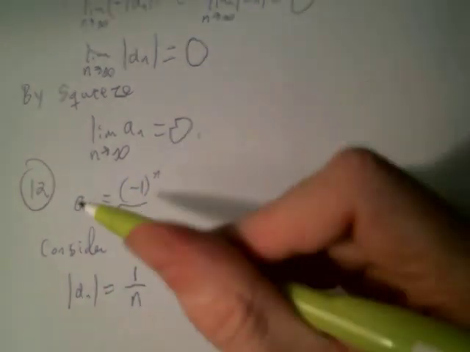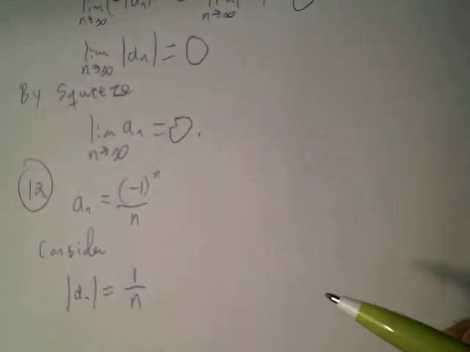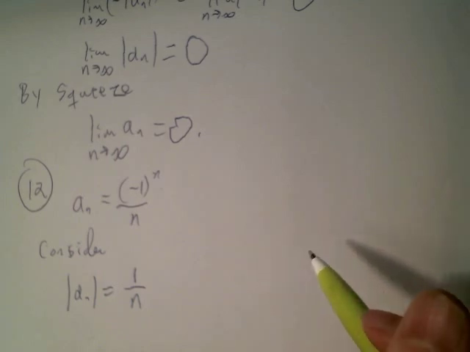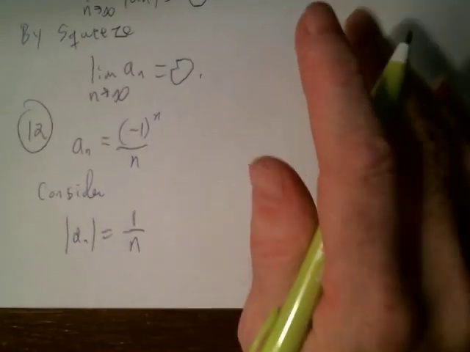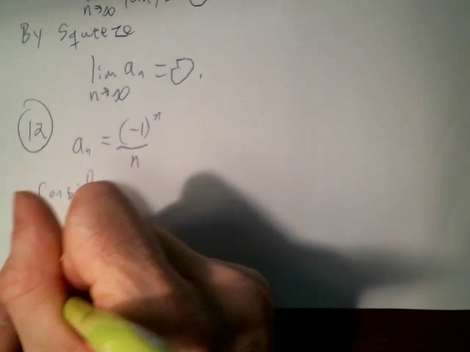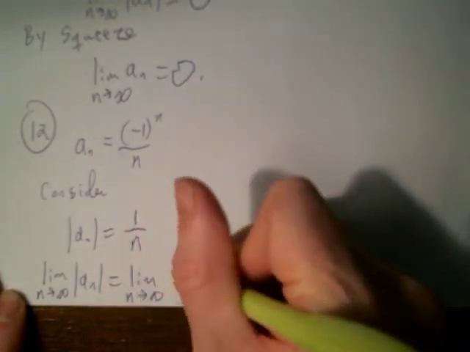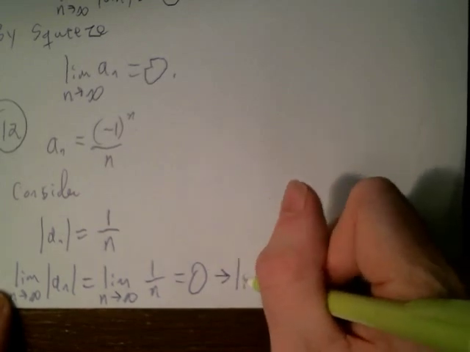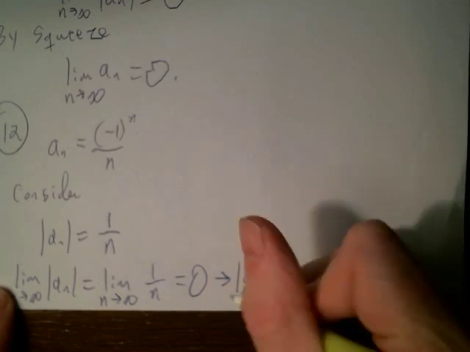If you don't believe me, write out this and then write out this for the first 5 or 6 terms and see the truth of it. Okay, but once we get this expression, we know how to figure out that limit. The limit as n goes to infinity of the absolute value of a sub n, which I'm telling you is just 1 over n, is equal to 0. Okay, so that tells me that the limit of plain old a sub n, which is -1 to the n over n, is also 0.